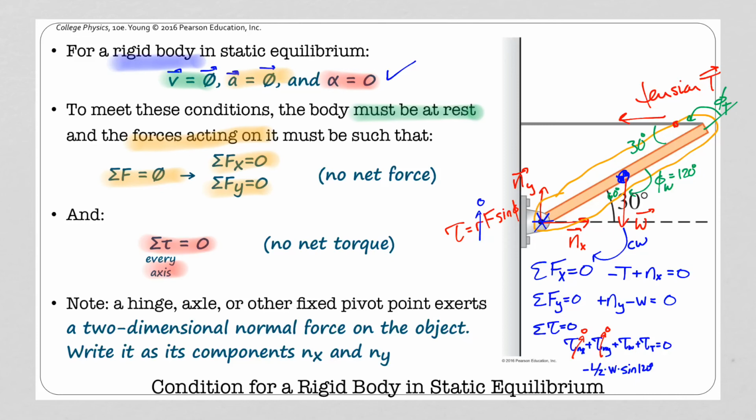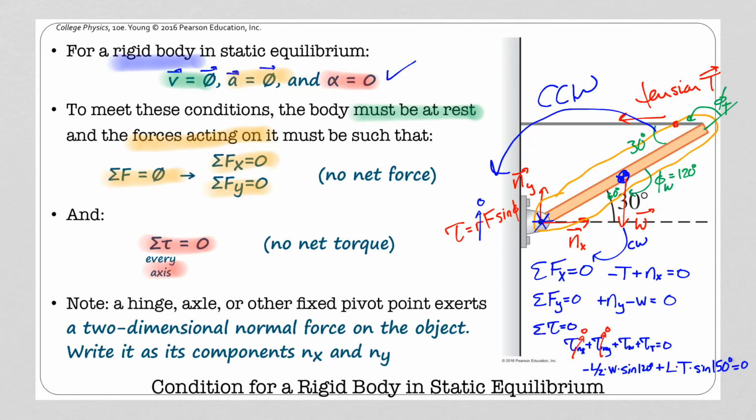Then we have the torque from the tension. The distance between the pivot point and where the tension is being applied, that's the full length of the beam. So we can call that L, the length of the beam. The force is the tension in the rope. The value of phi we have there is 150 degrees, and this force pulling that way is going to give us counterclockwise rotation, which is going to be a positive torque.